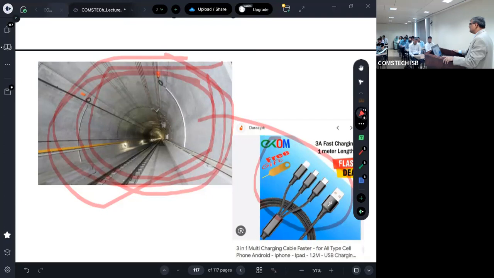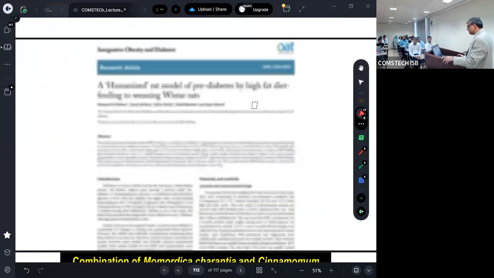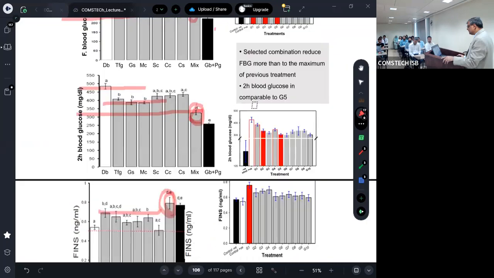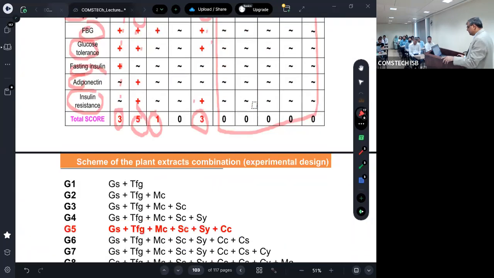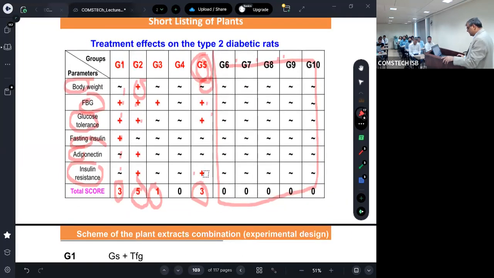If you use the same 5 plants in the next group, like G6 using all 5 plus others, what was the effect? They did not show an additional effect, because these 5 components are also present in the next combination. After G5 there is no additive effect.